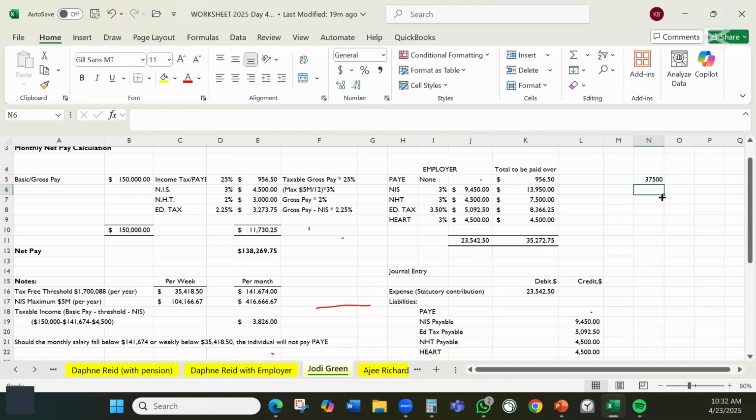Correct. So for the education tax, we have the NIS as an allowance as well. So we subtract that from the gross before we do the 2.25%.